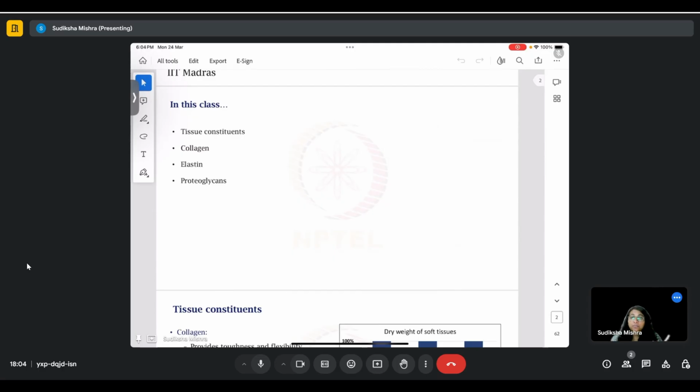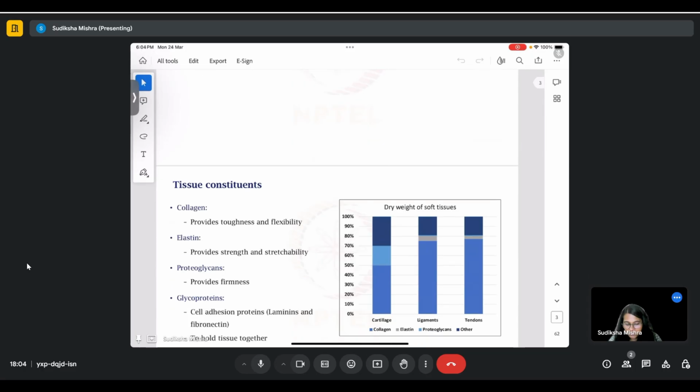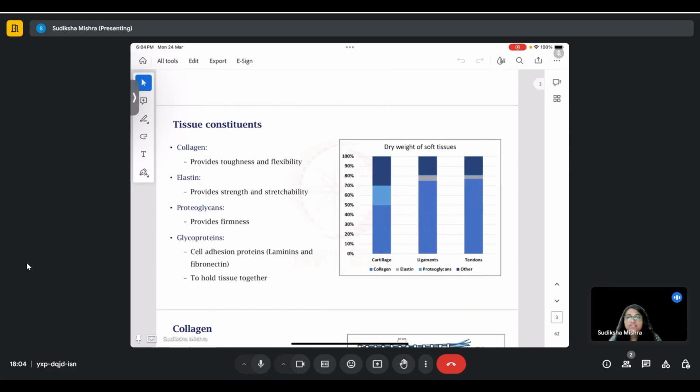These are the proteins that are present in the extracellular matrix, which is outside of the cell, and this is what provides the structure to the tendon or ligament.